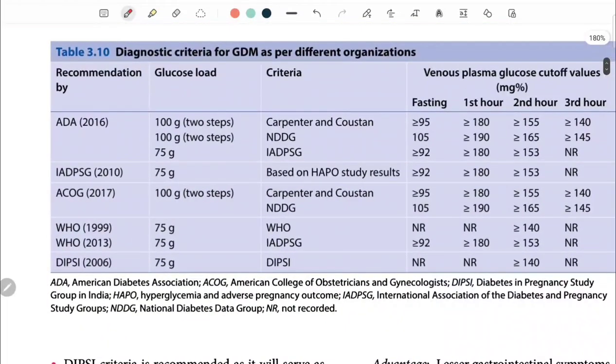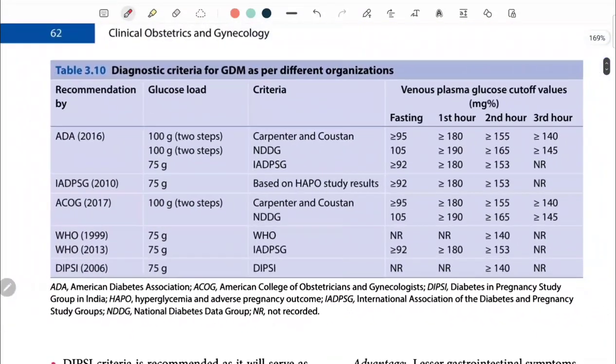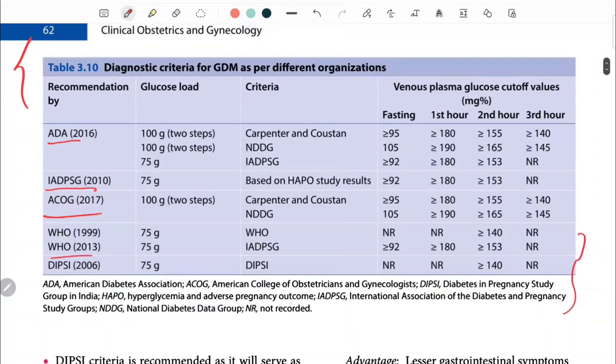If you see, this one table is more than enough to summarize everything that we have studied. First, American Diabetes Association, IADPSG, International Association of the Diabetes and Pregnancy Study Group, and ACOG, American College of Obstetricians and Gynecologists, WHO, and DIPSI.